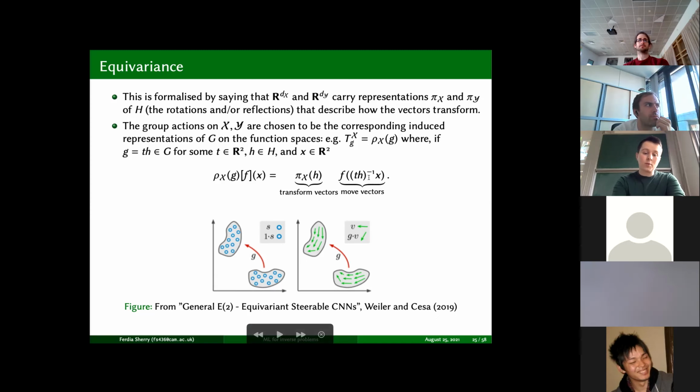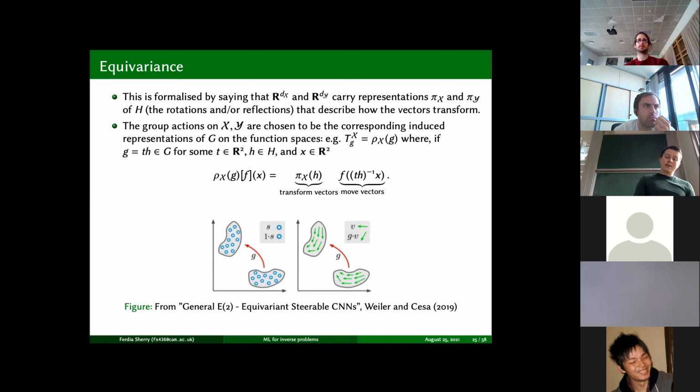Then you end up with the overall induced representation on the function spaces taking this form. So exactly what I said: you move the vectors and you have to transform them as well by this part.